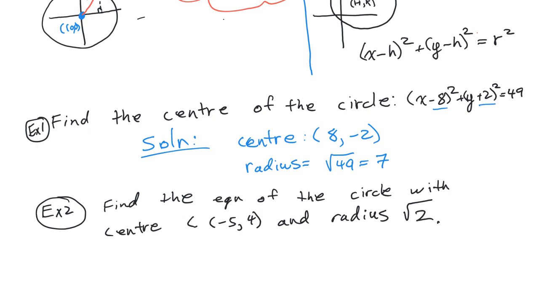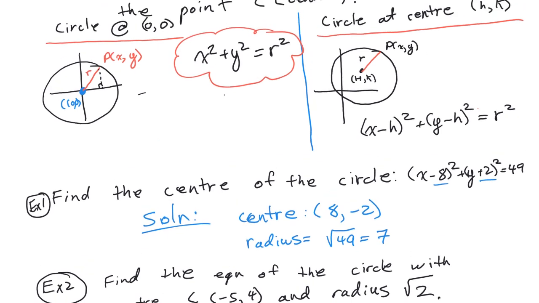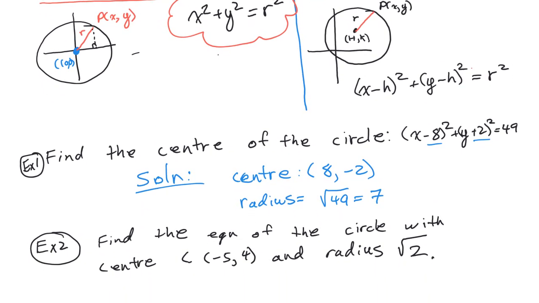Okay, so now let's imagine that we want to find the equation of a circle with center at 5, -4, and radius 2.